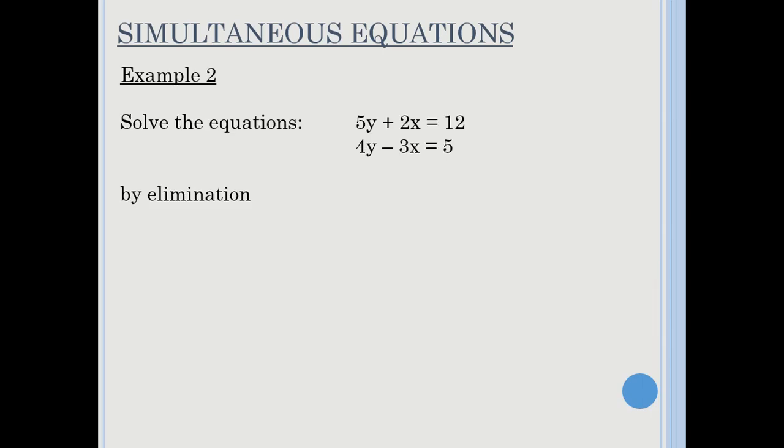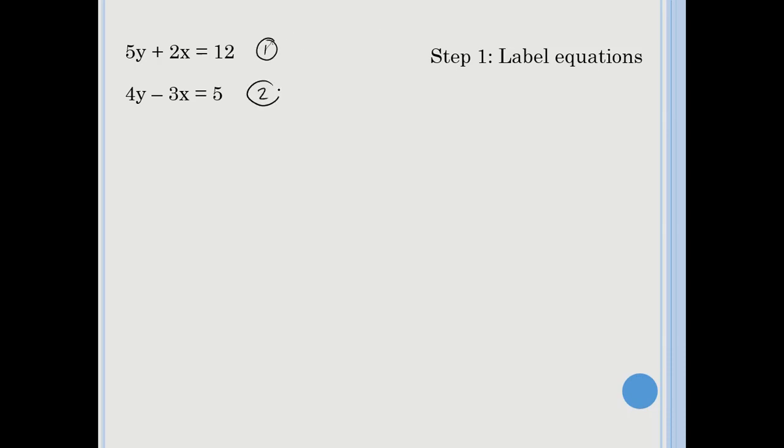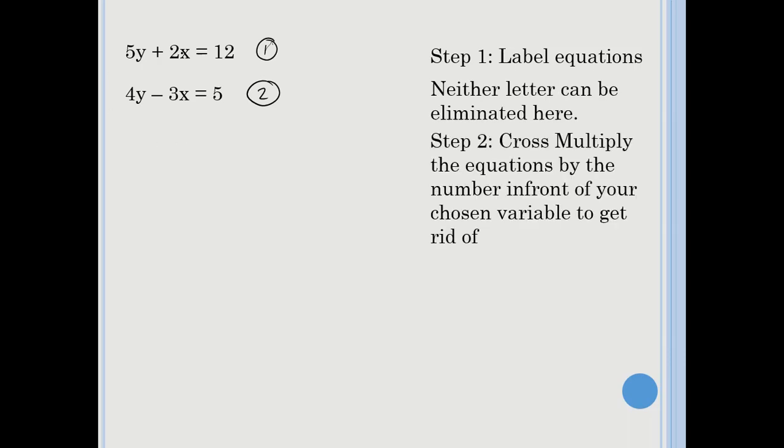Let's look at another example. This time we've got 5y plus 2x equals 12 and 4y subtract 3x equals 5. Again, there is no immediate variable that we can cancel out. So we're going to have to use this new step again, where we do a wee bit of cross multiplying. I'm going to choose the x again, purely because smaller numbers.